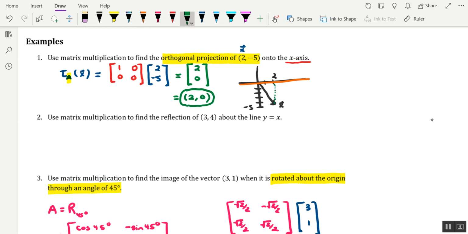Meaning we will body slam the vector x onto the x-axis, and the vector that results from that will be in line with the point 2, 0. Right, so there's a geometric argument for our output vector's coordinates.